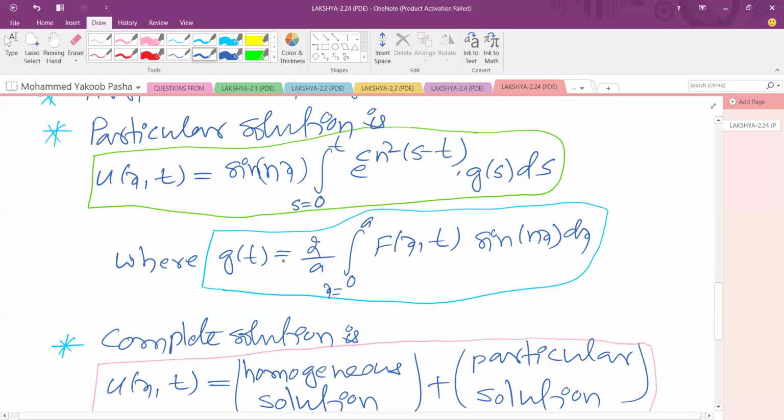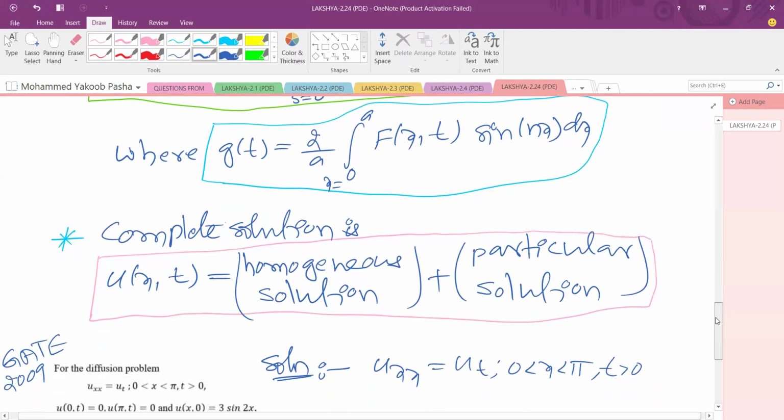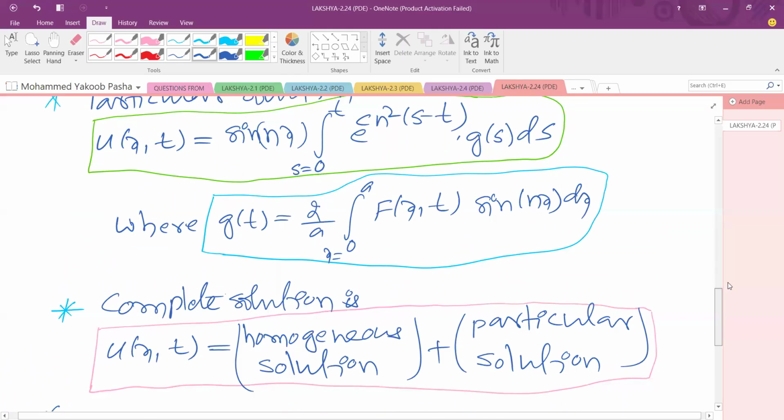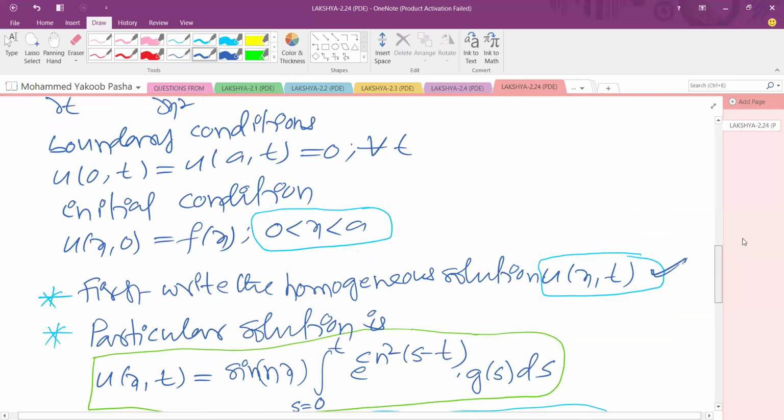Now we write the complete solution by adding the homogeneous solution and the particular solution. This is the way to calculate the non-homogeneous solution of the heat equation.